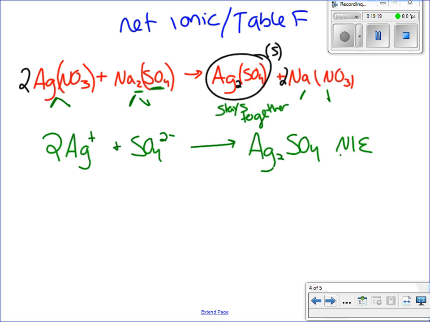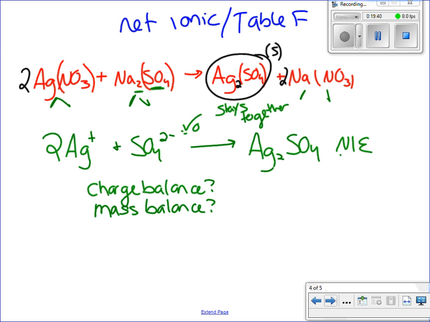Okay? Make sure your charges match. Does your charge balance? I have 2 times +2 minus 2 equals 0, so that's what I'm looking for, 0 on both sides. Does your mass balance? I have 2 silvers, 1 sulfate, 1 sulfate.